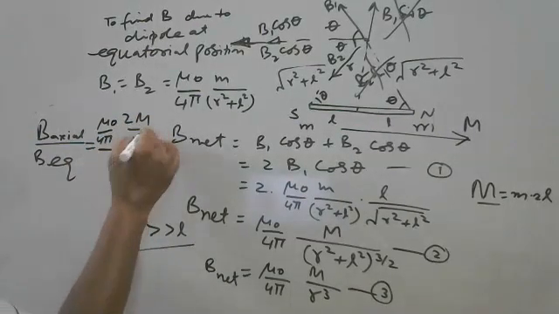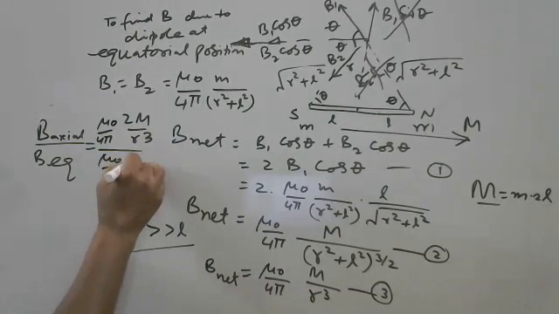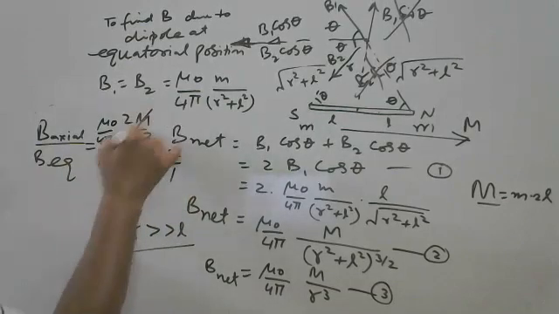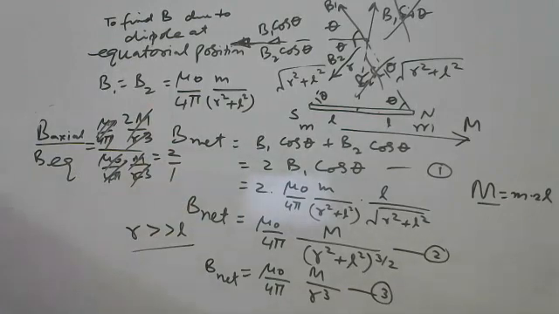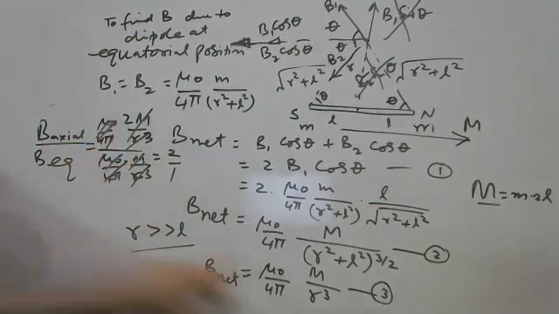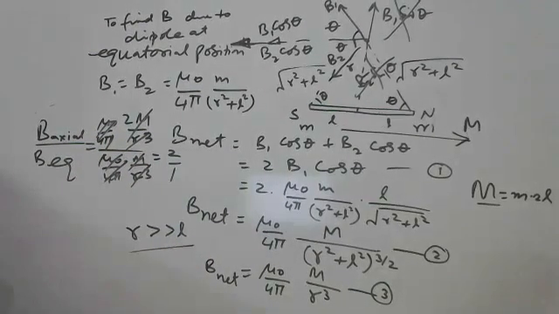And here the formula is mu naught upon 4 pi, capital M upon r cube. Everything else cancels out, so 2 by 1. A simple ratio: if you divide the axial position formula by the equatorial position formula, everything cancels out. Only 2 remains. So 2 by 1.